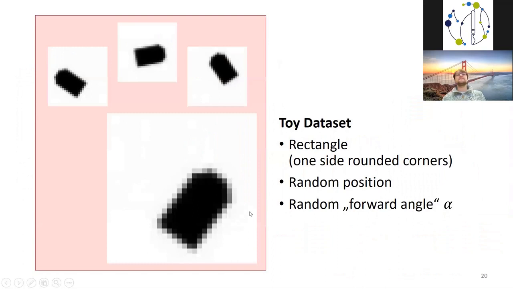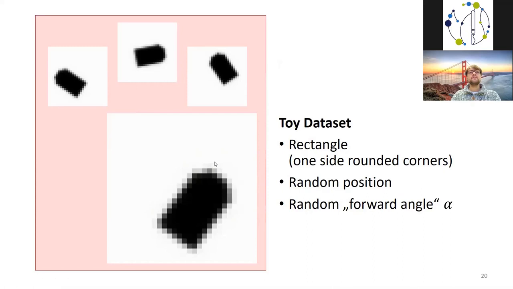And to understand this better, we did a toy experiment with a toy data set. The toy data set is just a rectangle with one side rounded, so it has 360 degrees of rotation. We put it in a random position in these small images, draw a random position and a random forward angle, and draw this as a toy setup.